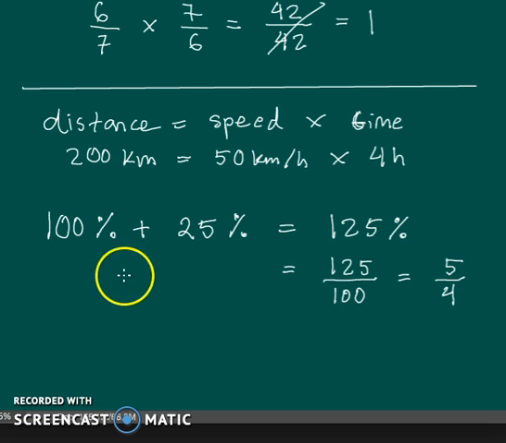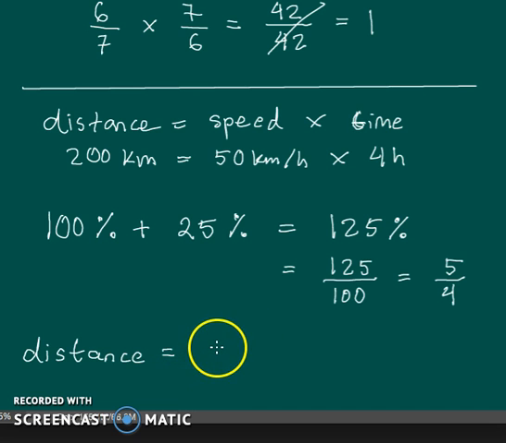Let's plug this into our formula. So you traveled a certain distance between home and work. We don't know what that distance is. You traveled at a particular speed and you took 5/4 of the time that it usually takes you.